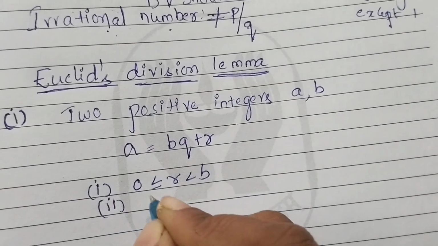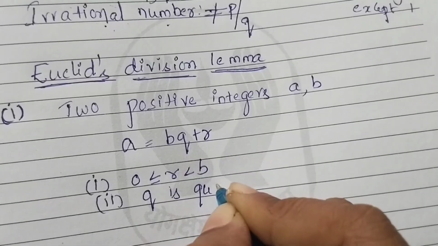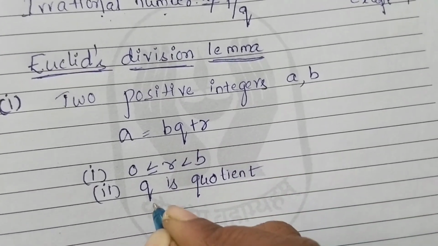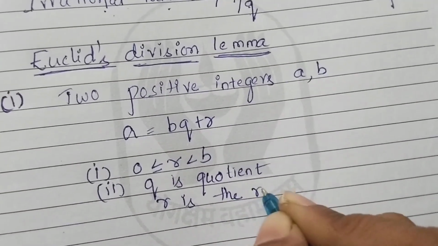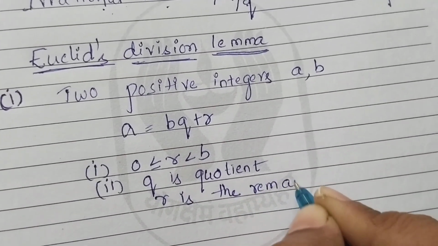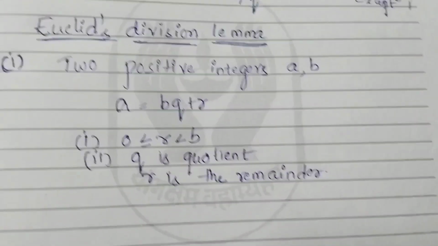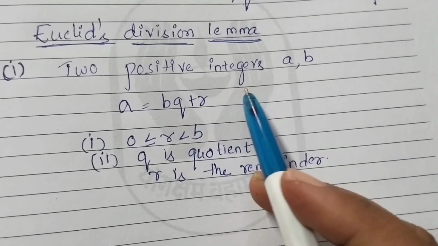Here q is the quotient, and r is the remainder. This is Euclid's division lemma definition.